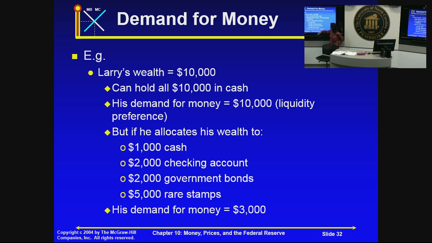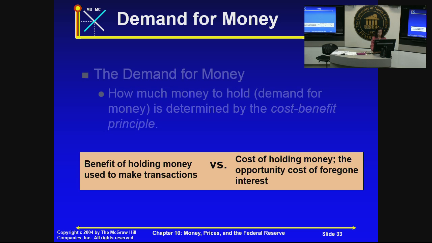All this still adds up to 10,000, but his demand for money is now the cash plus the checking account, which is 3,000, and not the rest, because the rest are not considered liquid. So that's just one example I wanted to give very quickly.